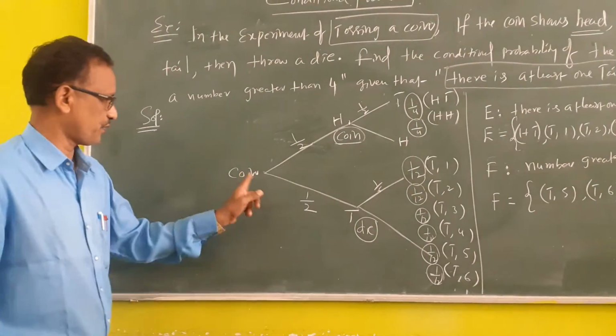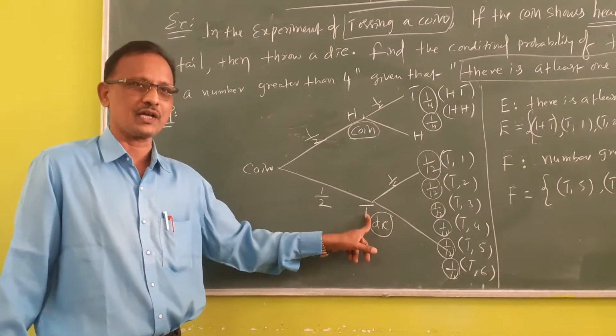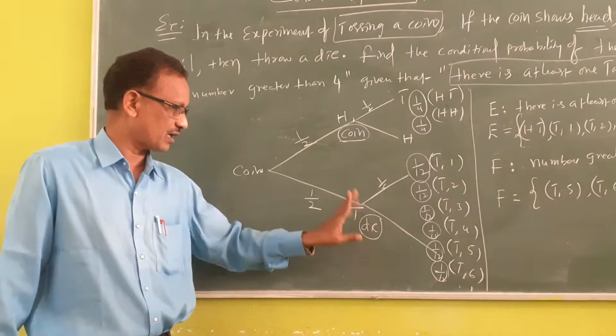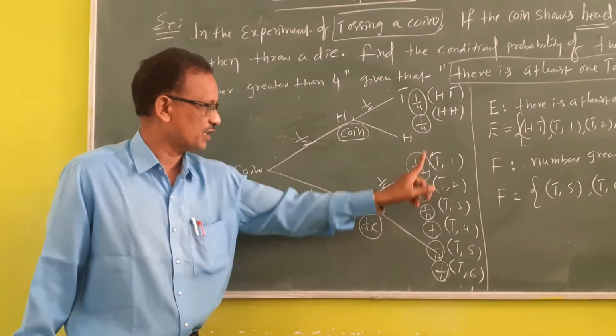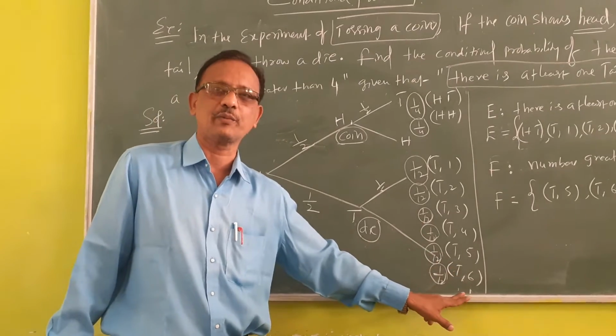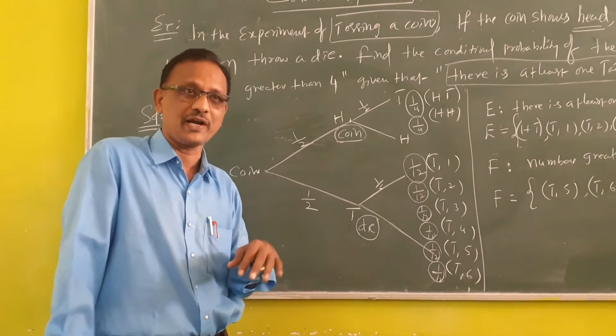How? See, the first event is tail. When we get a tail, then we have to throw a die. T1, T2, T3, T4, all are there. How many are there? 6. These are the favorable ones we require.